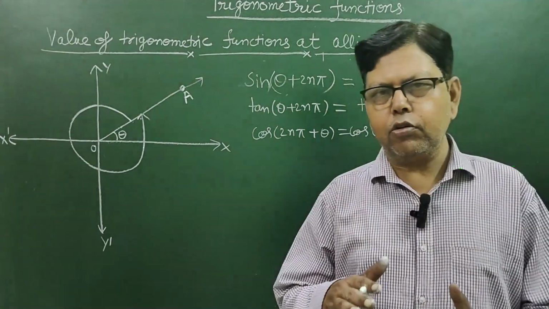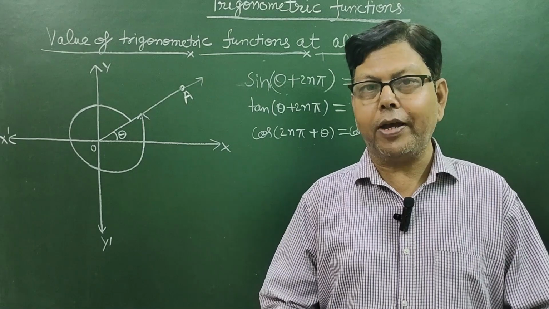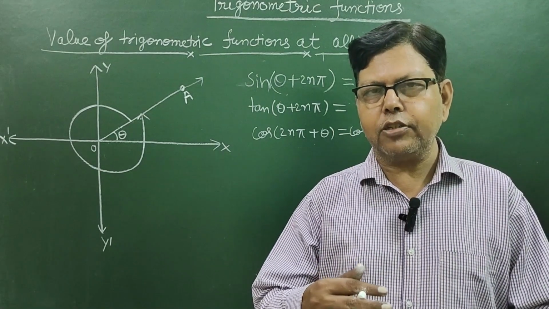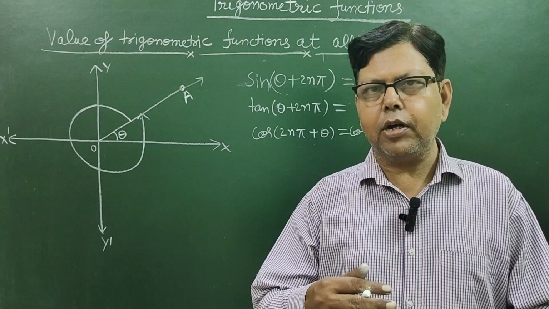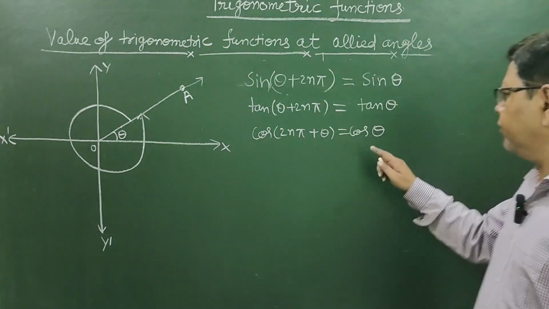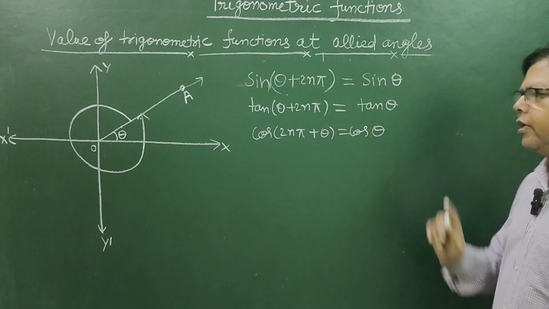So if we want to evaluate an angle which is more than 2 pi radians, then we will write it in such a way that it is some multiple of 2 pi plus some angle. Then it will be equal to the trigonometric function of that angle.